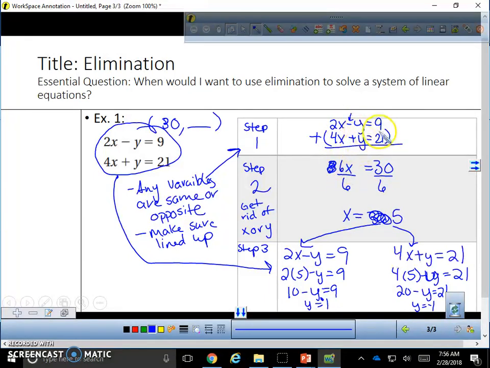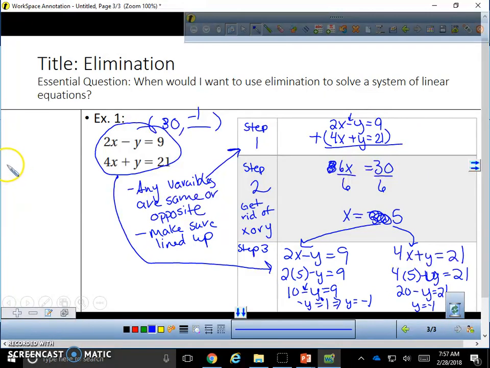Those two cancel out. 9 plus 21 is 30, yep. 30 divided by 6 is 5, okay. Did I write this down right? Oh, I dropped my sign. So this is actually a positive y is equal to a negative 1. So negative 1, negative 1. I did everything right, and here's what I see happen when you guys are practicing. You do it all right, but something happens with the signs. Beware of signs. Always beware of signs, okay?